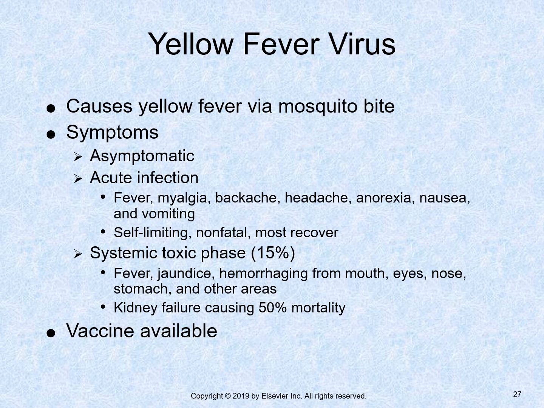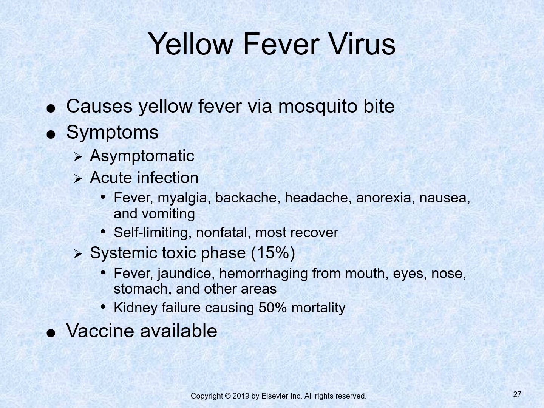Yellow fever caused by yellow fever virus is also considered an emerging infection. Patients bitten by mosquitoes carrying yellow fever virus can develop an asymptomatic or acute infection involving fever, myalgia, back pain, headache, anorexia, nausea, and vomiting.